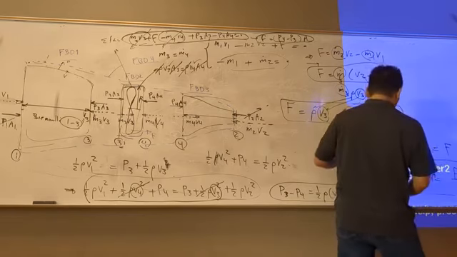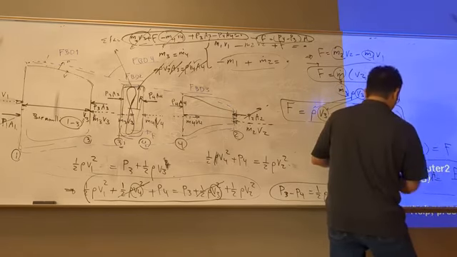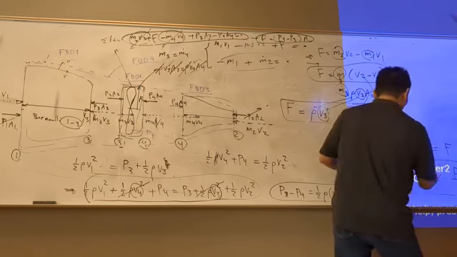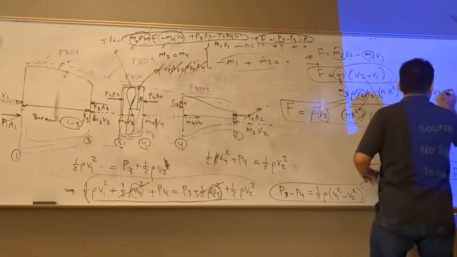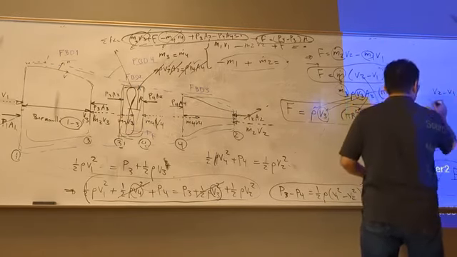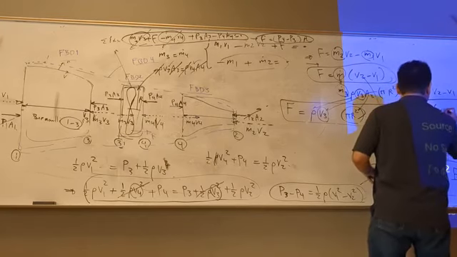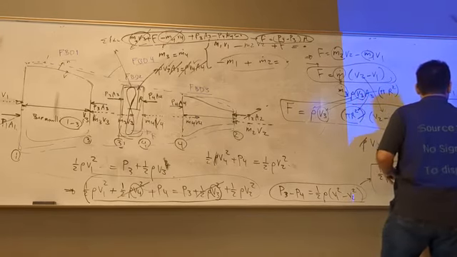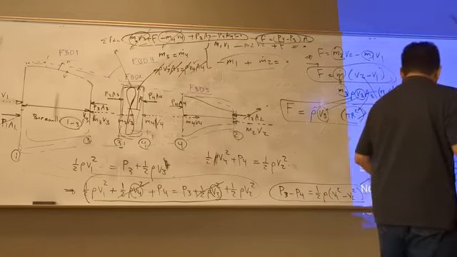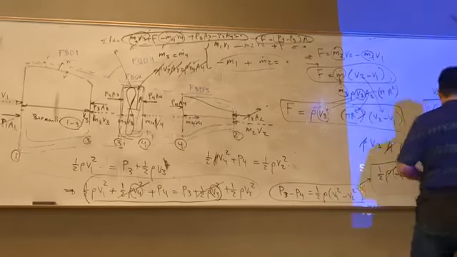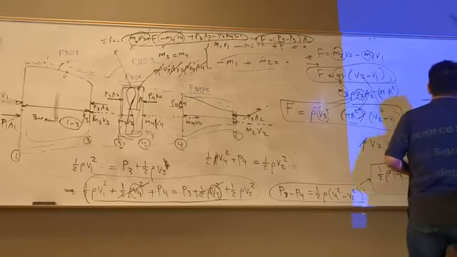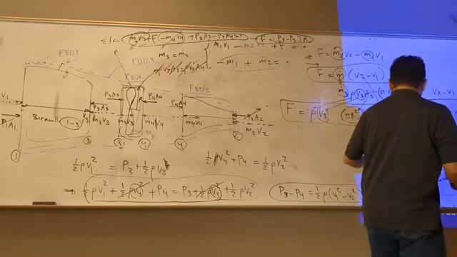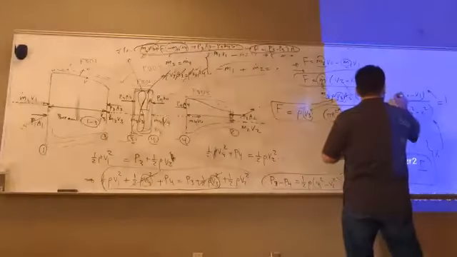You get 1/2 rho V2 squared minus V1 squared is equal to F divided by F. So there is another V3 plus V3.